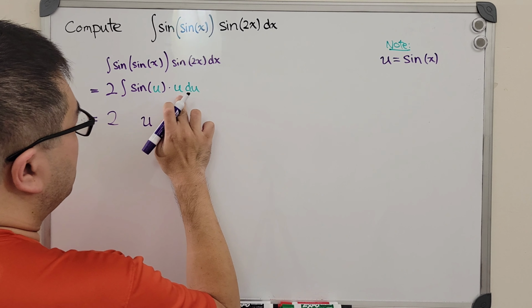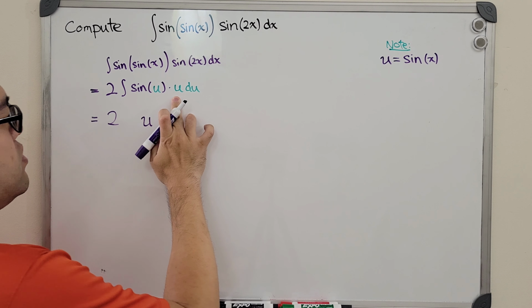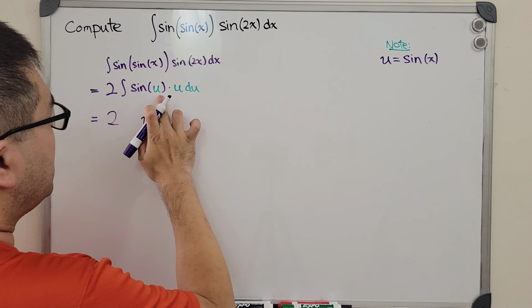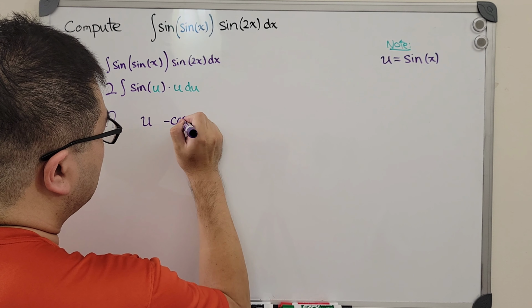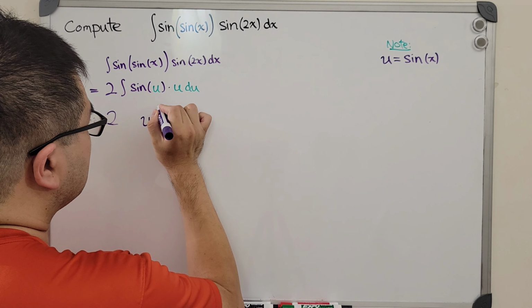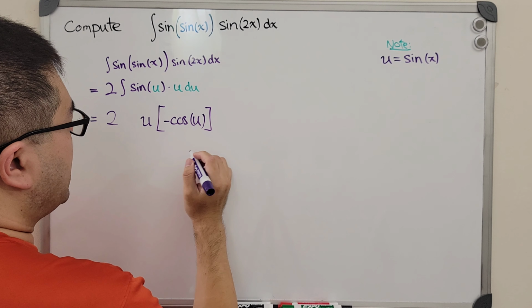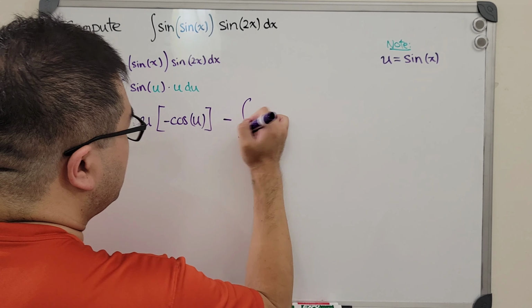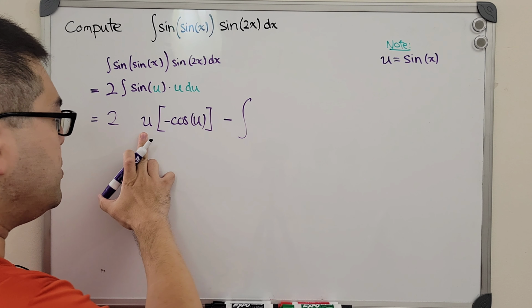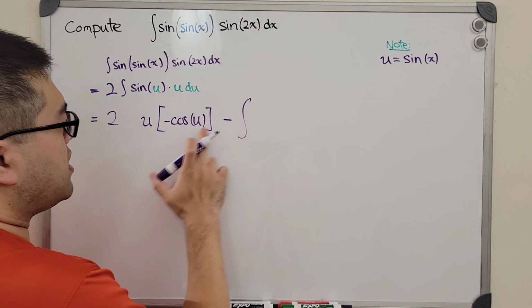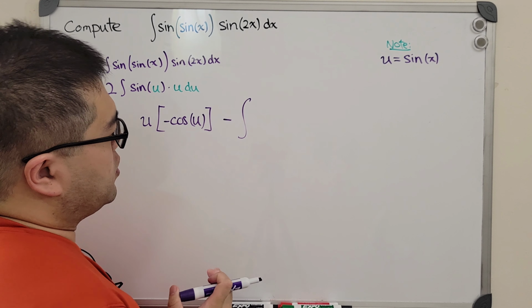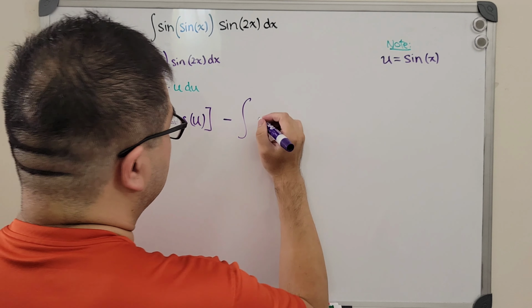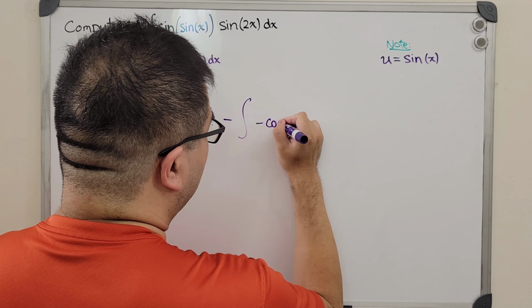So we have the u part times the antiderivative of sine of u, which is negative cosine of u. And then we're going to subtract the derivative of u times the other part that has already been integrated, which is negative cosine of u.